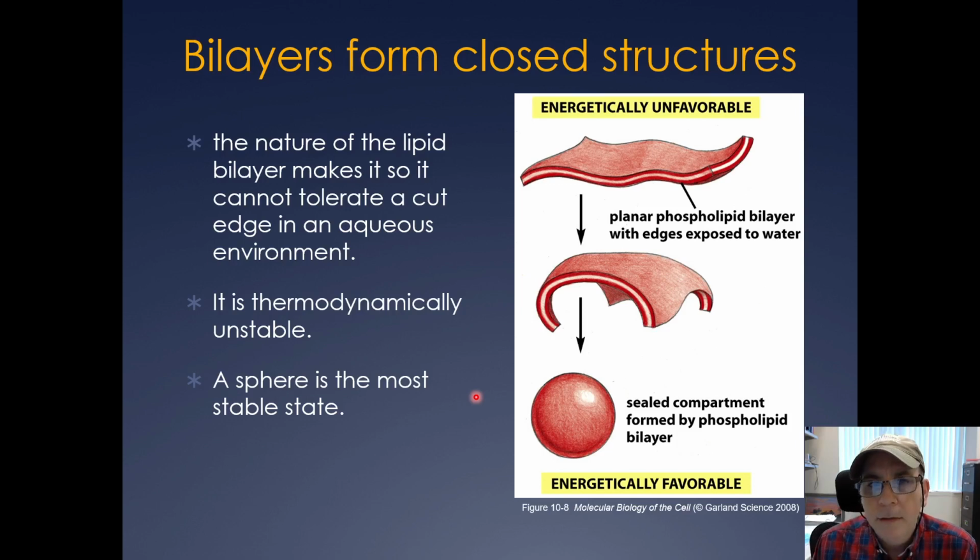Another important concept that you all need to know is that lipids do not want to be planar. Okay, this is a very energetically unfavorable state because the hydrophobic portion on the sides here does not want to be solubilized in water.